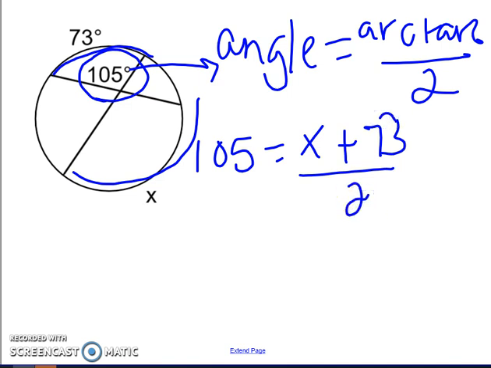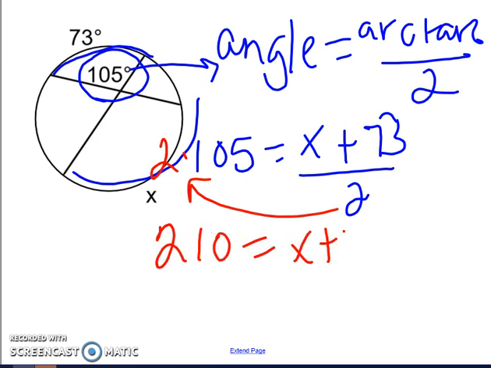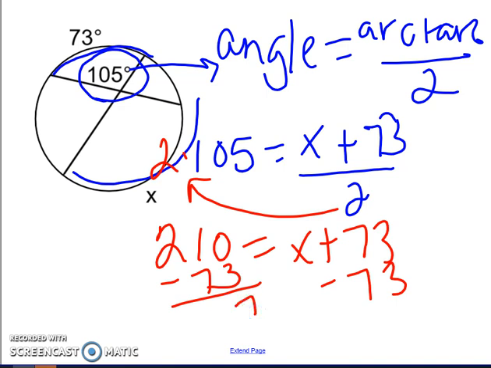We need to get rid of this divided by 2, so we move it over here and multiply. So 210 equals x plus 73, and then we subtract the 73. So x equals 137 degrees. And again, our 105 should be in between the 73 and the 137.